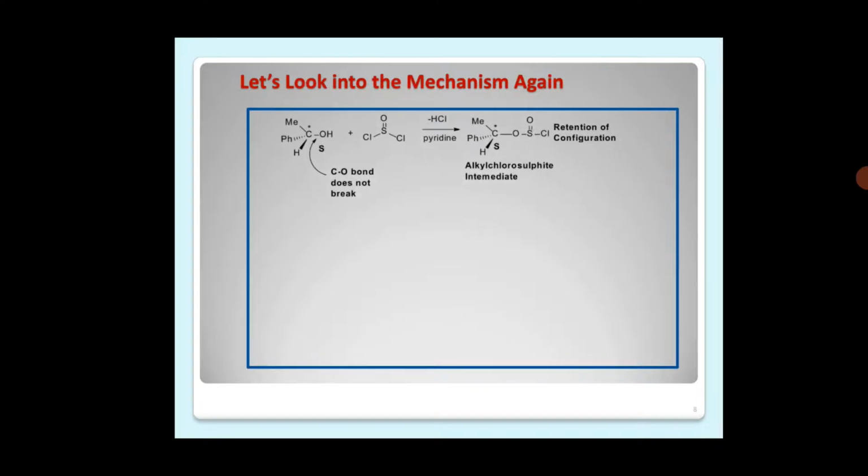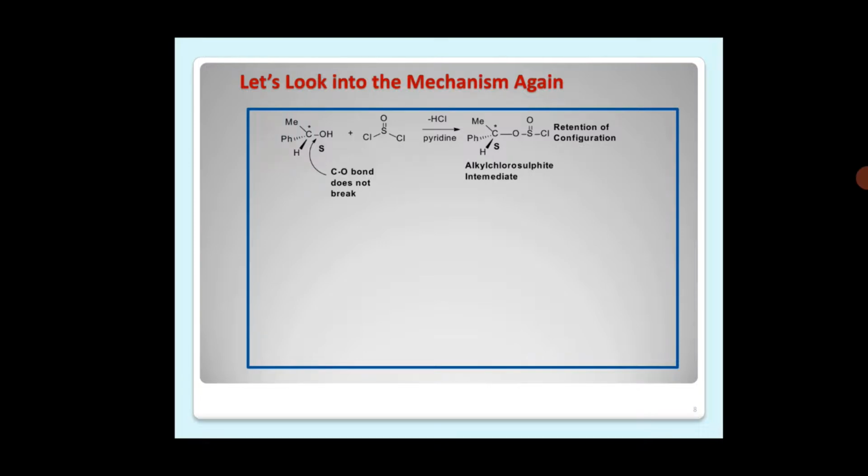The first step for the reaction in pyridine is the same as the earlier reaction. Alcohol reacts with thionyl chloride to give the alkyl chlorosulfite intermediate and HCl. Here, since the reaction is carried out in pyridine, pyridine acts as a solvent and a base.